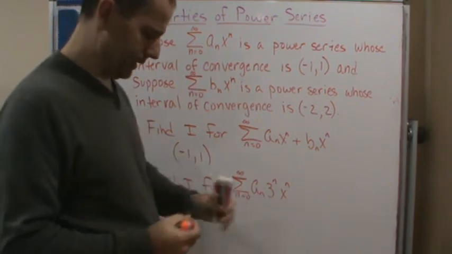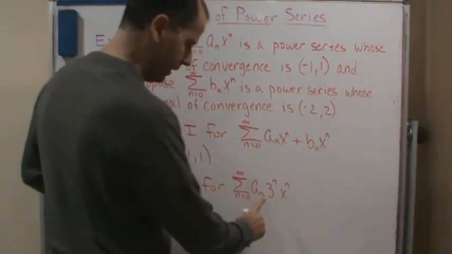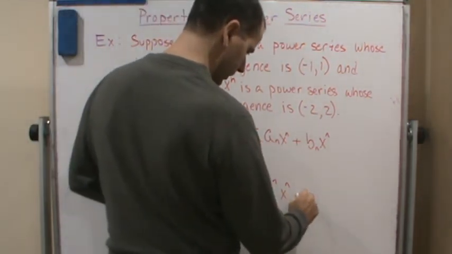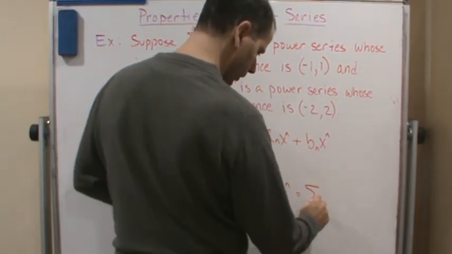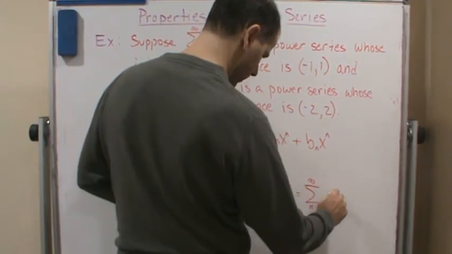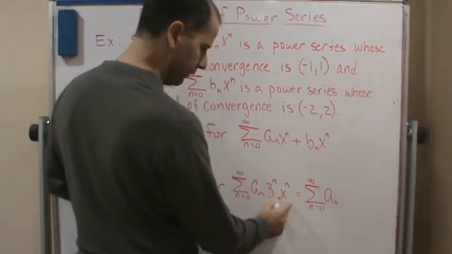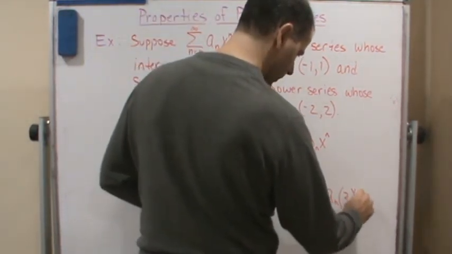Well, we can combine this, because this is 3 to the n. So let's combine this to this, using the property of exponents. So this is going to be 3x to the nth power.